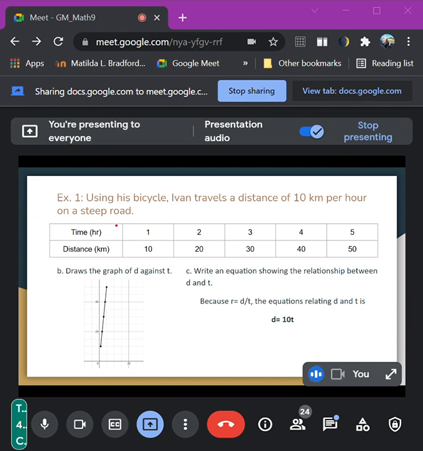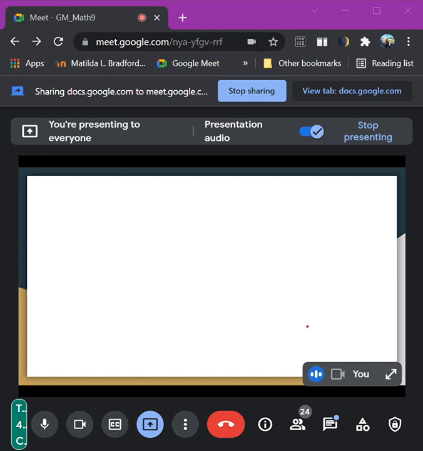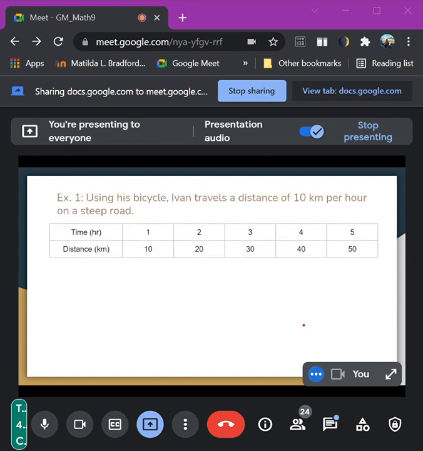Gikuha na ganina sa letter A, ang constant. And then, gi-substitute ra na ang constant nga 10 diri sa equation. So, now, class, since we got already our equation, then we are ready to solve for our letter D. Which is, the question is, how far Ivan traveled after 8 hours and 10 and a half hours.